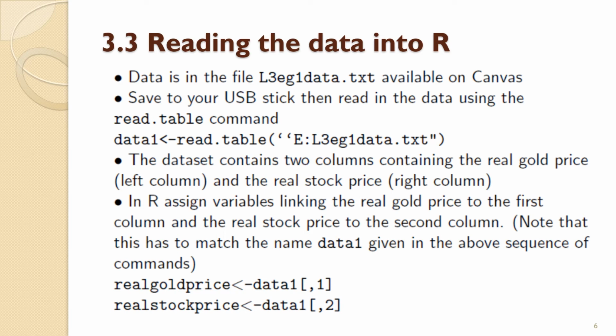It's really important that the name data1 that you assign in the read.table command matches exactly the one used in the two lines of code right at the bottom of the slide. These two names need to match. If they don't match, R doesn't know what you're asking it to do. Remember, R is like a robot, simultaneously very clever and very stupid.